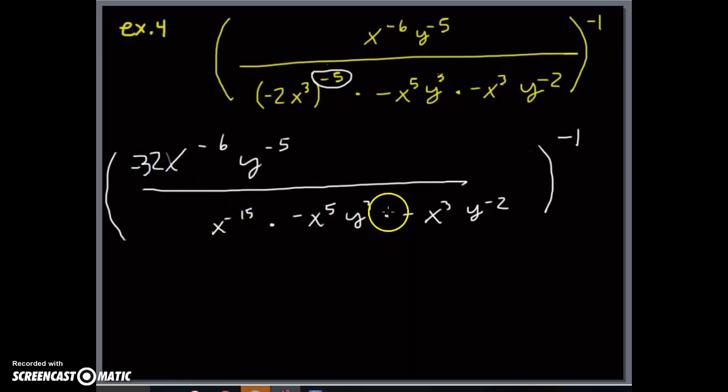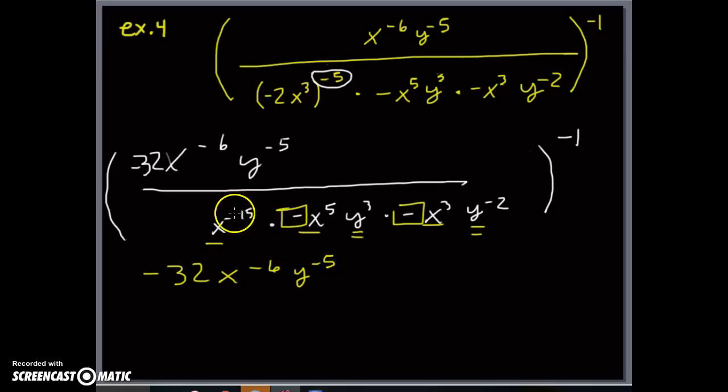Now I can go ahead and simplify the multiplication of like bases in my denominator. So we can add up the x's and the y's. And then we can multiply the constants. So we've got a negative times a negative, which is a positive. So we can write our numerator as negative 32, x to the negative 6th, y to the negative 5th.